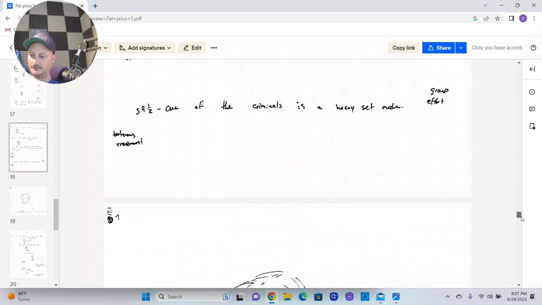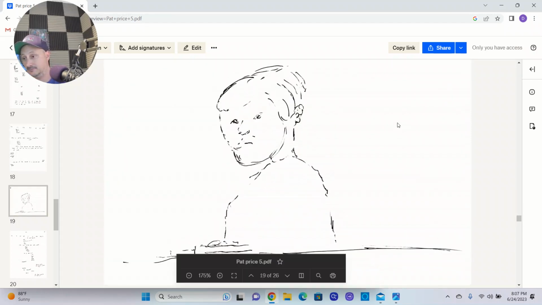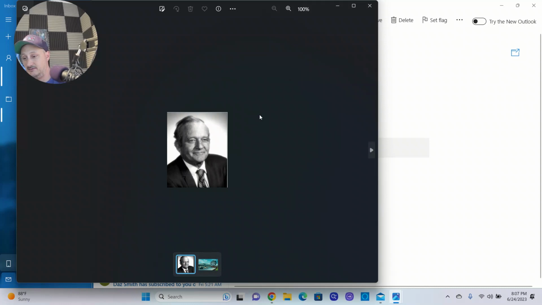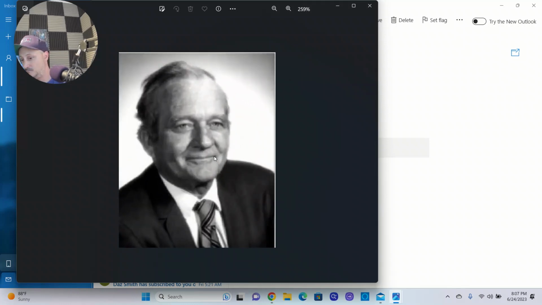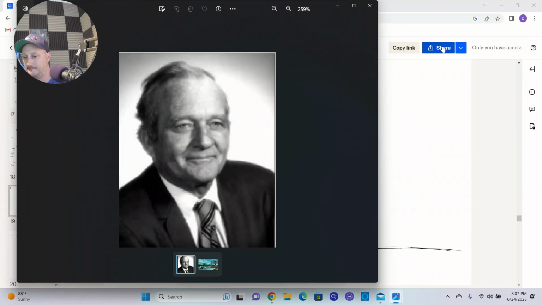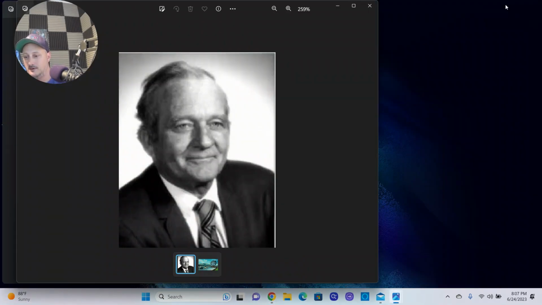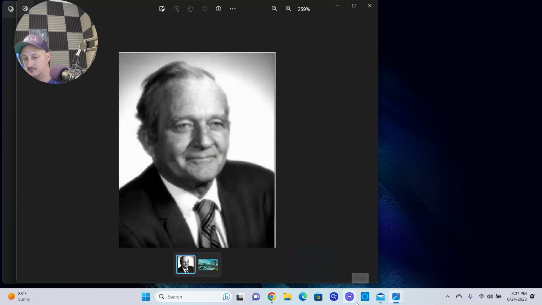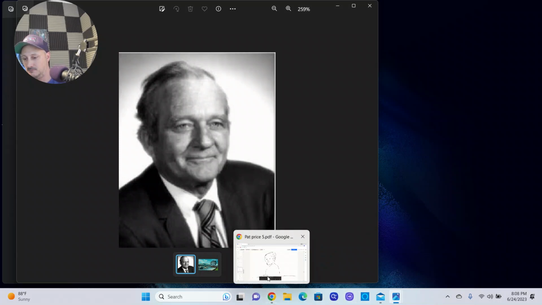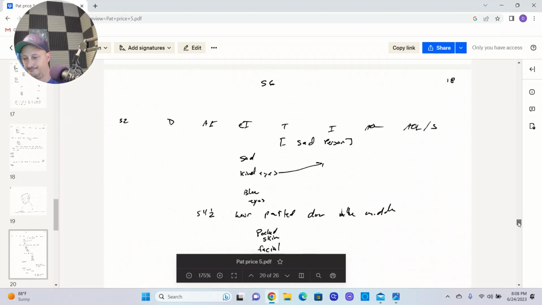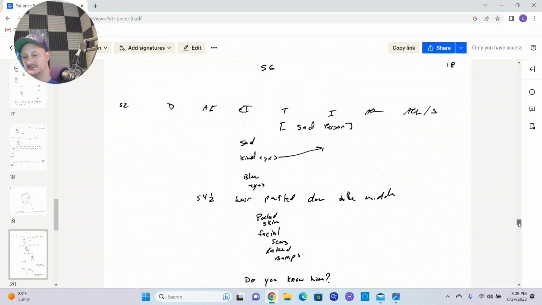Here again, got this sketch of what looks not too dissimilar to Pat. Little old man. Sad, kind blue eyes.